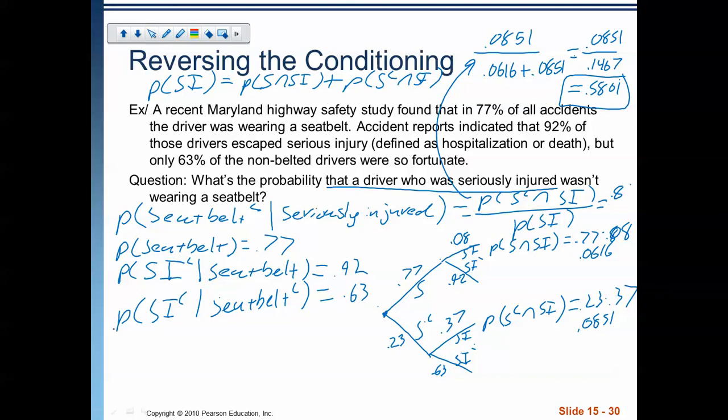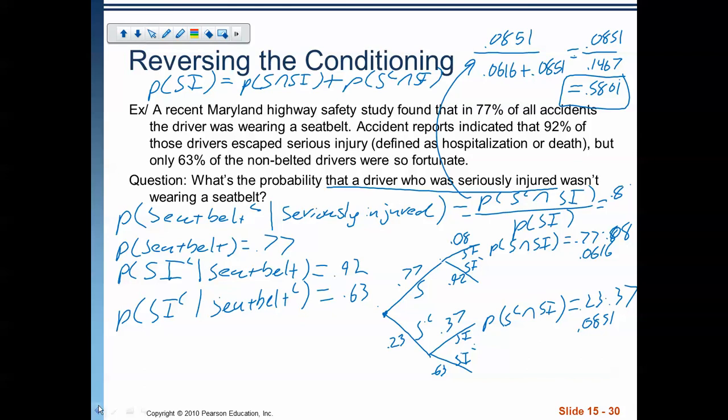Then I made a list of everything that I knew. I knew that the probability of wearing a seatbelt was 77% because a recent Maryland highway safety study found that in 77% of all accidents the driver was wearing a seatbelt. I knew that given you were wearing a seatbelt, you had a 92% chance of not being seriously injured, because accident reports indicated that 92% of those drivers escaped serious injury.